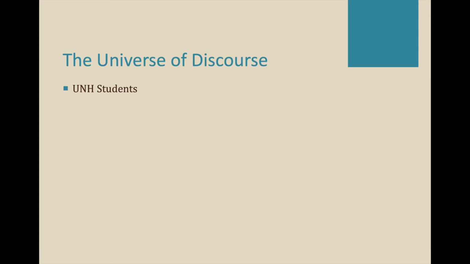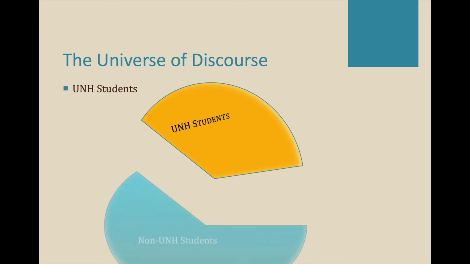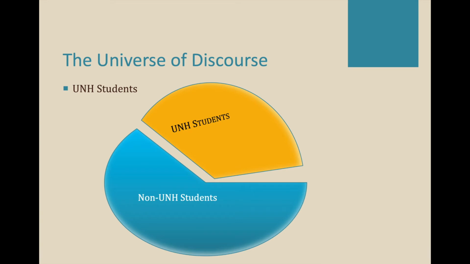But when I use that term, right, UNH students, I haven't talked yet about the whole universe, and certainly not even the whole universe of discourse, because implied in the use of that term, UNH students, there is also a complementary term that refers to a complementary class. And that complementary term, or the complementary class, we would refer to as non-UNH students.